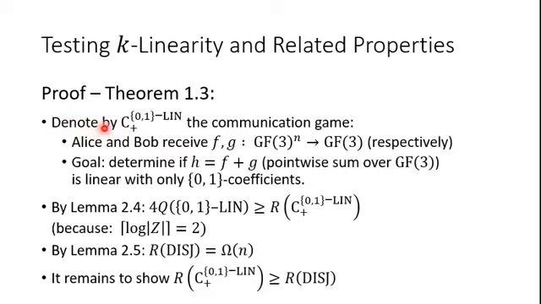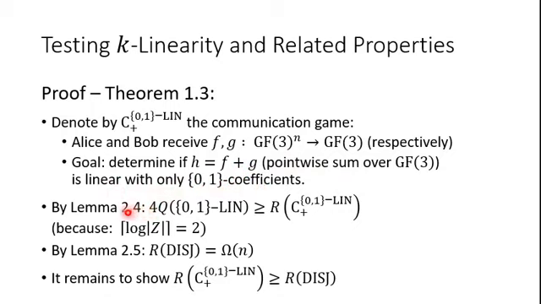So we'll denote by C plus 0, 1 linear the communication game in which Alice and Bob receive again f and g respectively from F3^n to F3. And their goal is to determine if h, which is the pointwise sum over F3, f plus g we'll write, is linear with only 0, 1 coefficients.